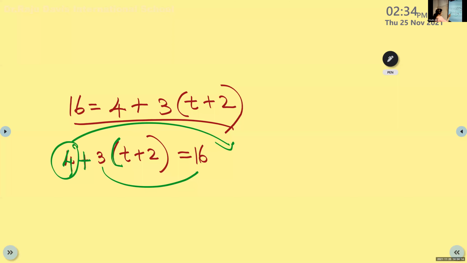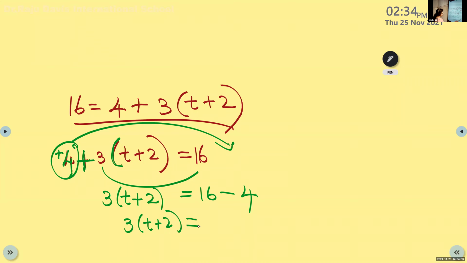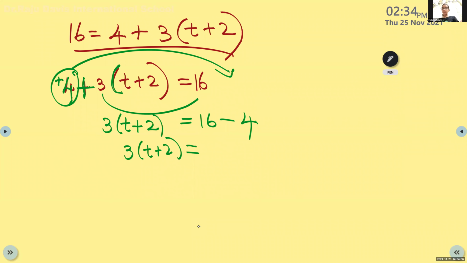Positive 4 is added here, so when we transpose, it will become 16 minus 4. So the left hand side will be 3 into t plus 2 is equal to 16 minus 4 is how much? 12. Now you know to solve it, no? Fatima? Yes, ma'am. Okay. So t plus 2 you will get 12 by 3. T plus 2 is equal to 4.